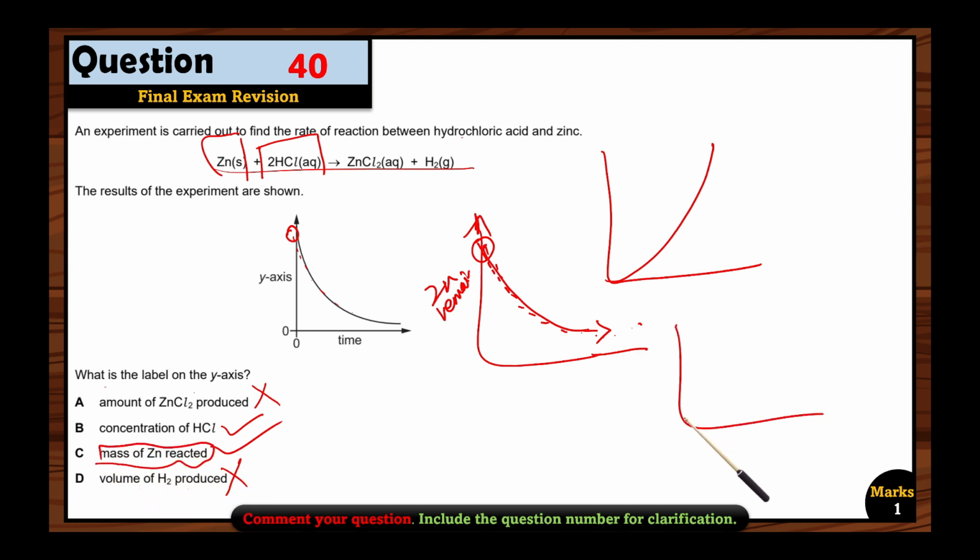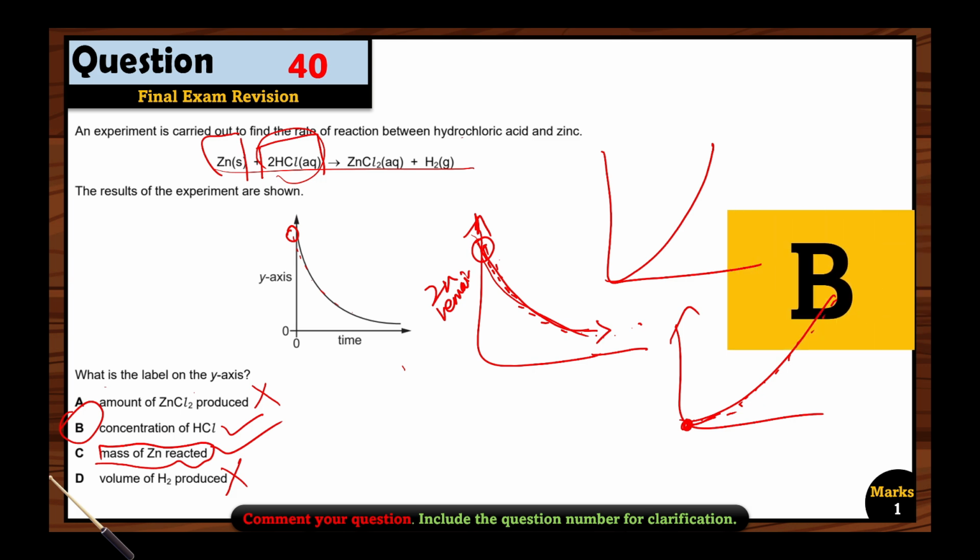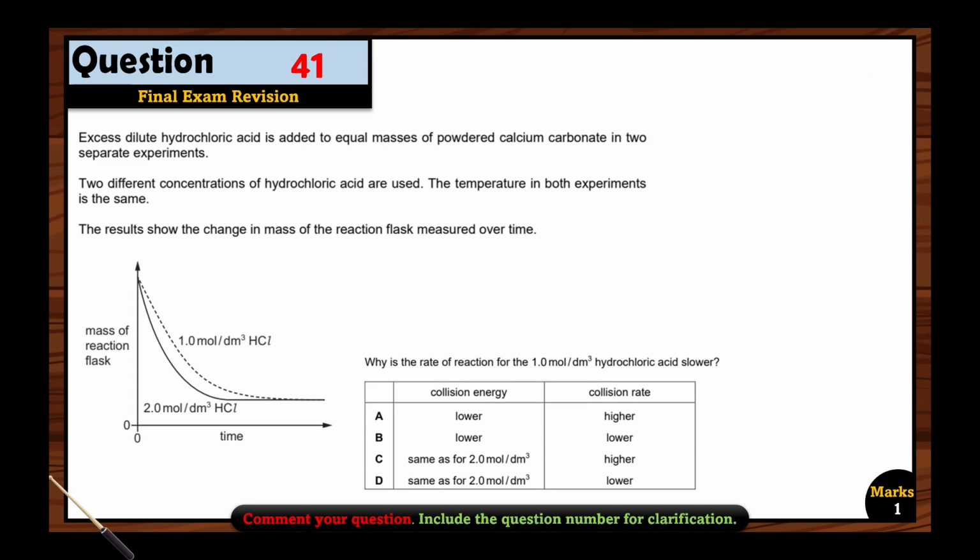Then the graph should be rising, because in the start less zinc had reacted, and slowly more and more zinc reacts, right? But here the graph is showing a reduction. So it means the concentration of HCl is reducing slowly because it's more consumed. So this graph is showing on the y-axis the concentration of the HCl. Option B is the right option.